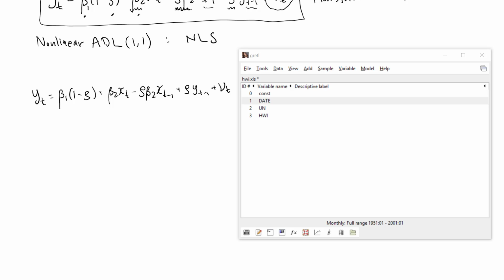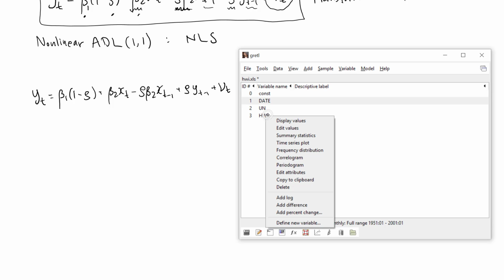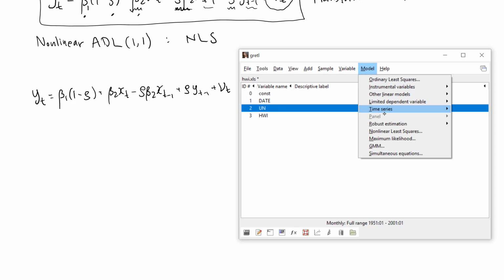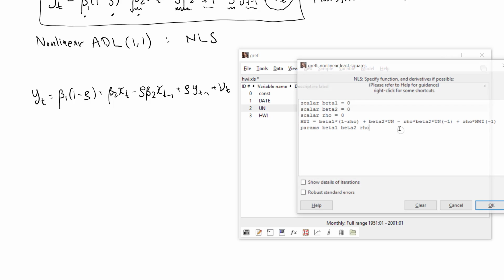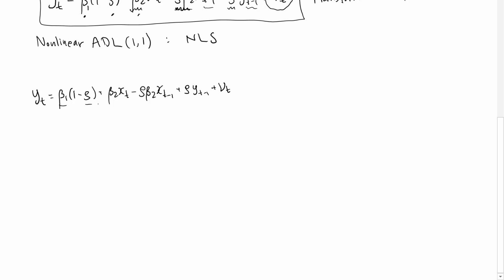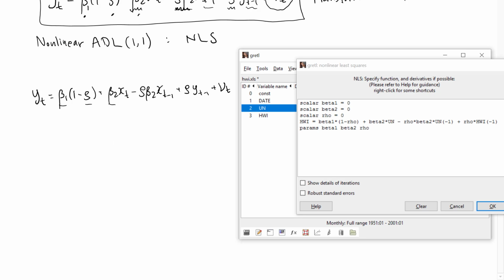I have data on help wanted index of ads publishing papers and the unemployment rate, and I want to estimate this model. My y variable is HWI and my x variable is UN. So all I need to do is go to model and nonlinear least squares. So this is what you need to type. We have three parameters, remember, beta 1, rho, and beta 2.